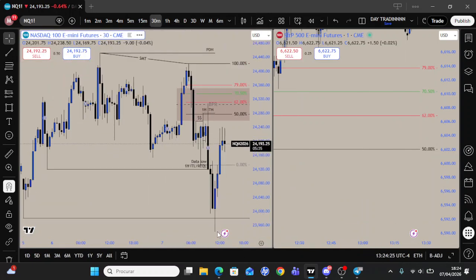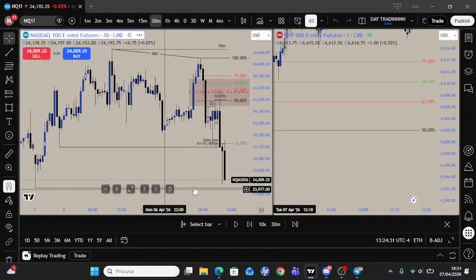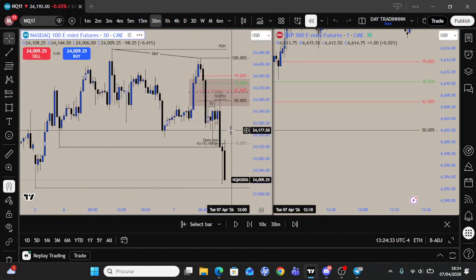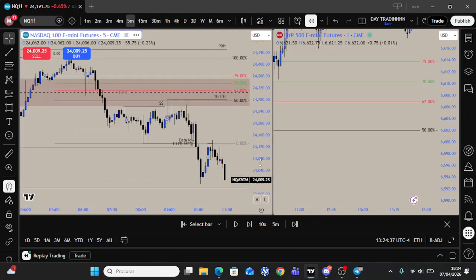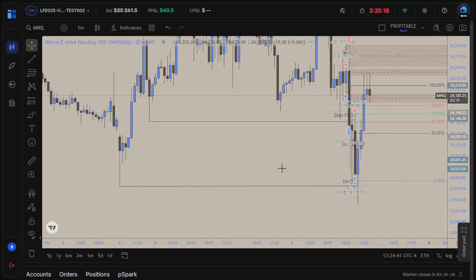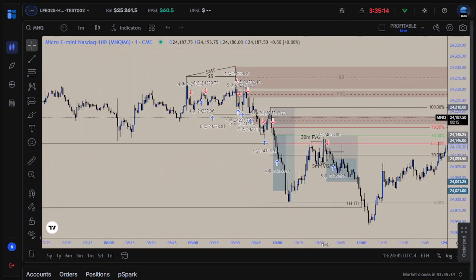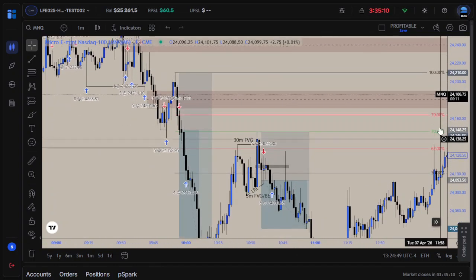Okay, so we edged this low down here, retrace into a 3-minute gap, which is sponsored by the hourly, and then we literally just get a 1-minute inversion there. Pretty simple. I didn't like the rejection wick, but I still took it. I still think it was decent.